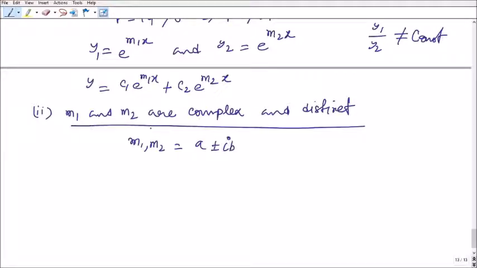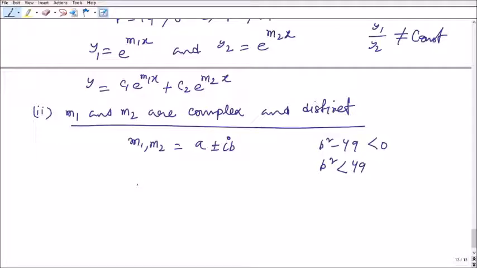So m1 and m2 are complex when p square minus 4q is less than 0, that means p square less than 4q.